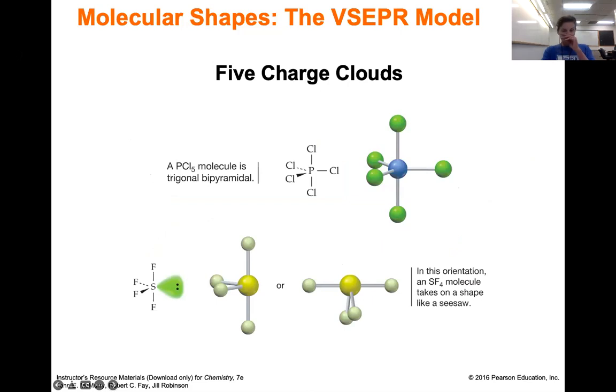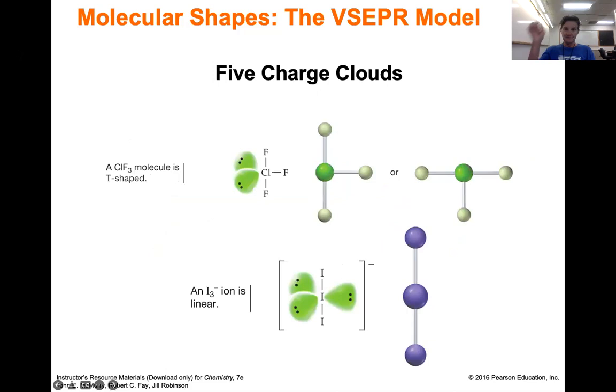So these names will be in a table in a second, so we call this one seesaw. Now 5 charged clouds where 2 of them are lone pairs. Same thing as before, we want to take the fluorines off in the plane where they're 120 degrees apart. And when you do that, you end up with something that looks like a T. Oh, and the bottom one is where you have 3 lone pairs.